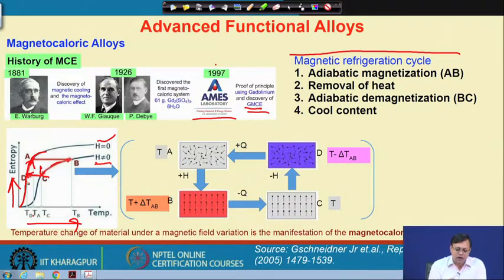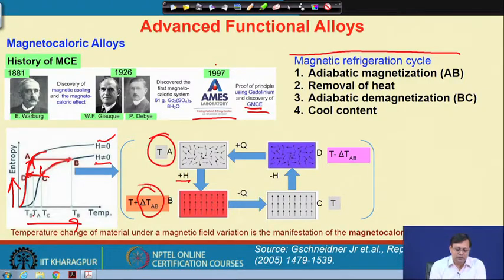Otherwise we can think of it this way: we start with differently oriented magnetic domains inside a material, which has a higher entropy, and then we apply a field. Now the magnetic domains are aligned, and that basically increases the temperature of the system.